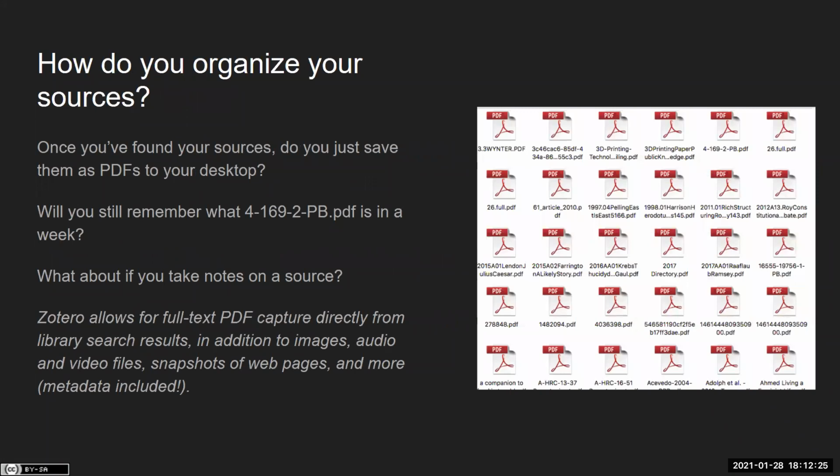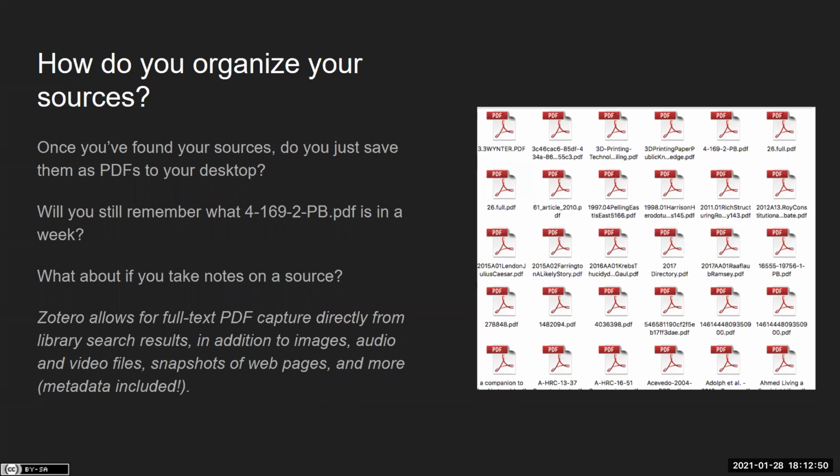This example to the right is a screenshot of a folder on my computer, and it has a bunch of stuff in it. Some of them are articles, some of them are not articles, but I don't really know what they are because I didn't organize them very well. What Zotero does is it takes these files and it can understand what the bibliographic information about them is.